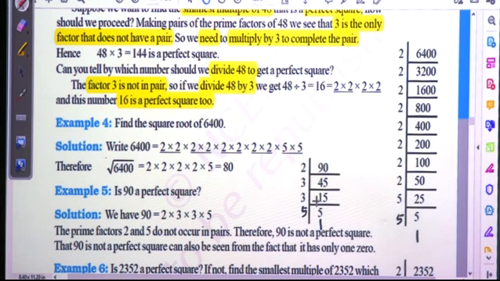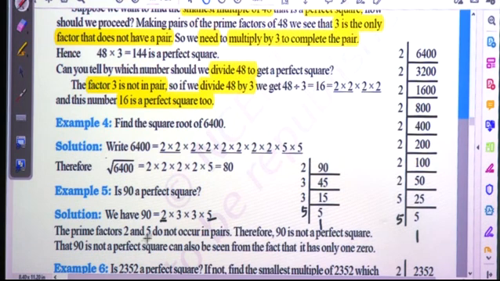So what are the prime factors that we have got here? 2 into 3 into 3 into 5. Here 3 is in a pair, whereas 2 and 5 are not occurring in a pair.